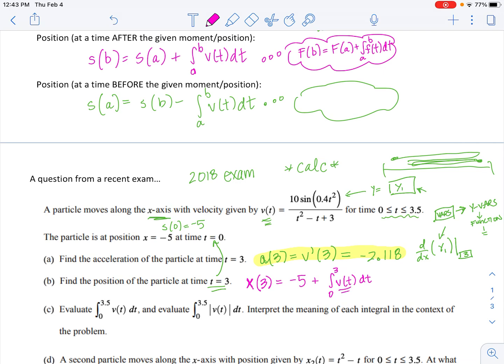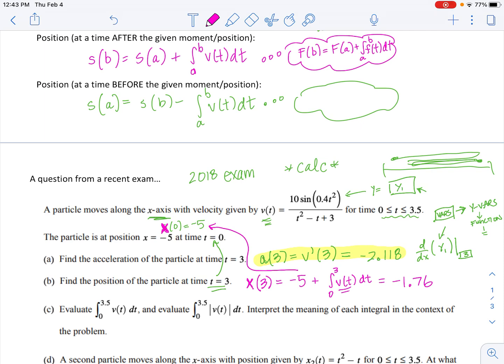And then again, you don't have to write the function in the integrand space. You can just use v of t because that's what they named it. Then you type all that into your calculator, which we've been practicing, and you should get negative 1.76. Again, this negative 5 comes from up here. Probably should have called that x of 0.